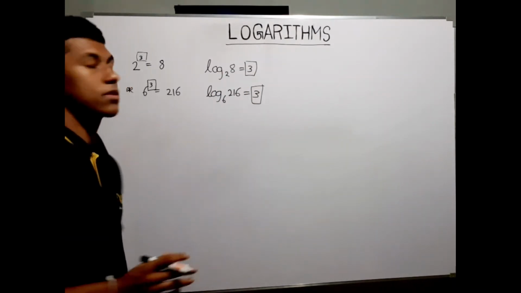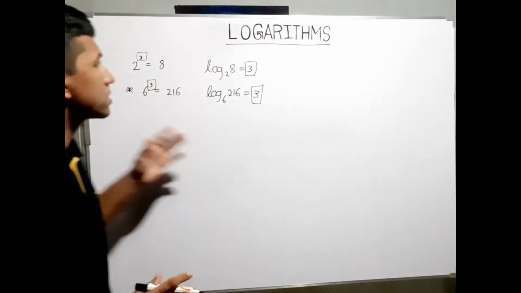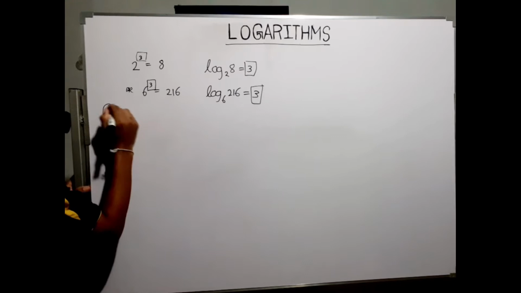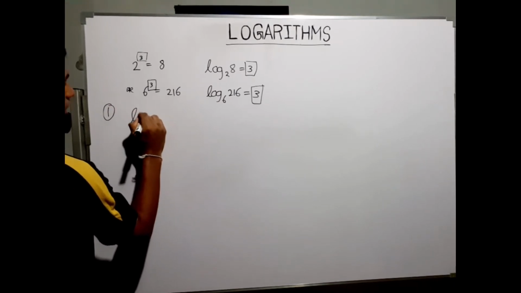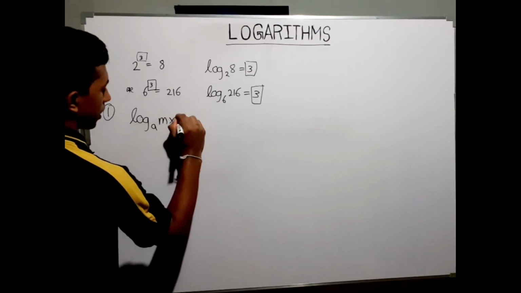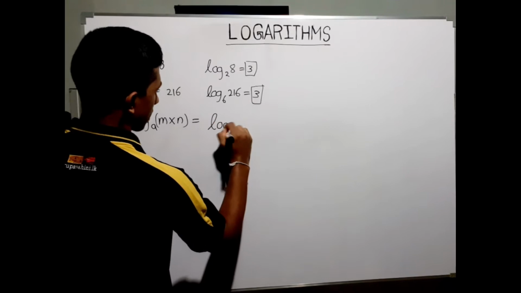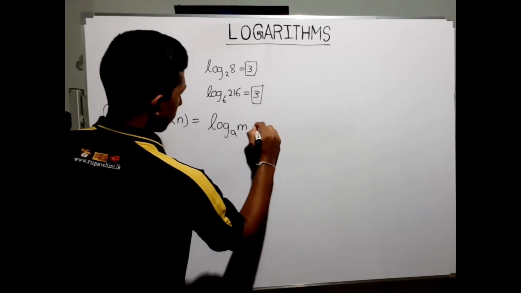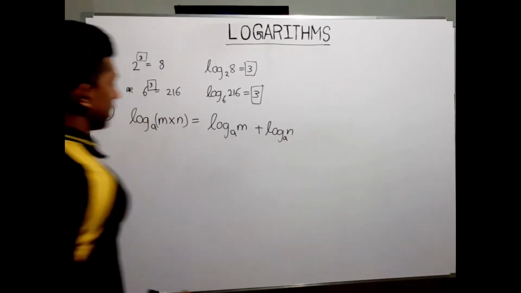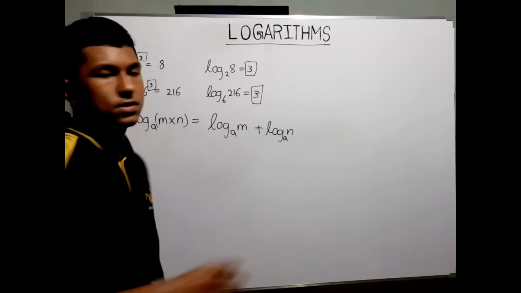Now let's look at the 3 important and basic rules of logarithms. Rule number 1: log of m into n to the base a is equal to log of m plus log value of n to the base a. Some of you might not know how to pronounce this, so I'll teach you.